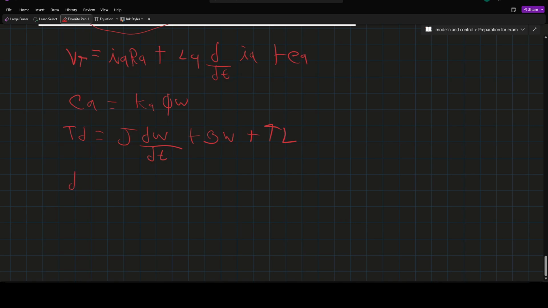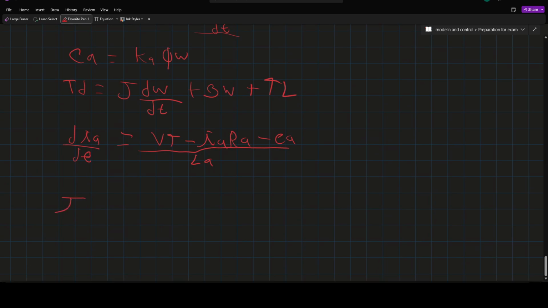Now, from here, if we solve for dIA/dt, we're gonna get VT minus IA RA minus EA. You remember when we did the model for the induction machine, we first figured out where the derivatives were, because when we integrate this, we're gonna get IA, and we need IA to calculate the other values.